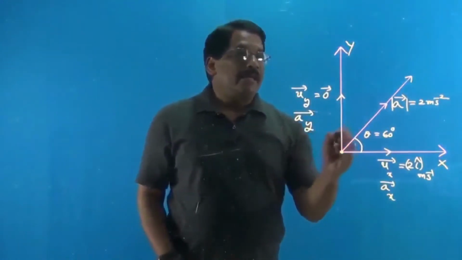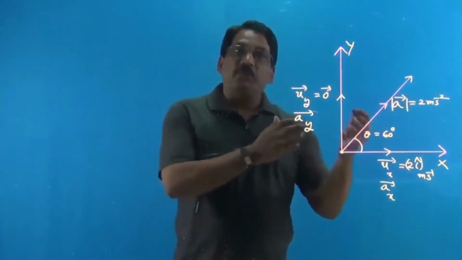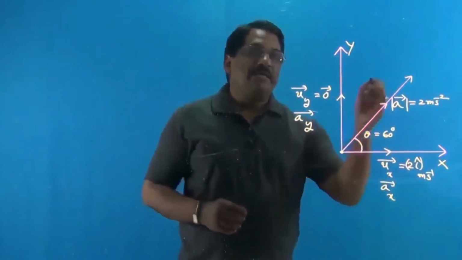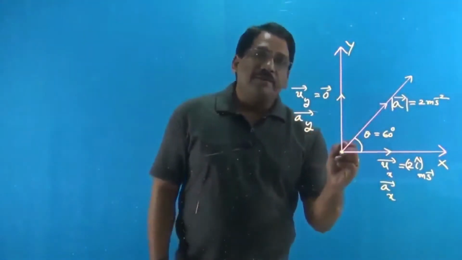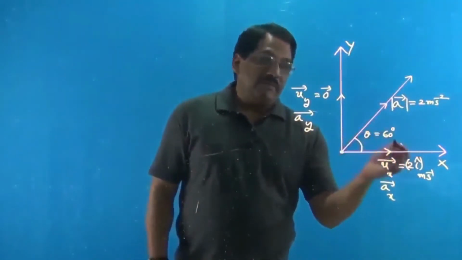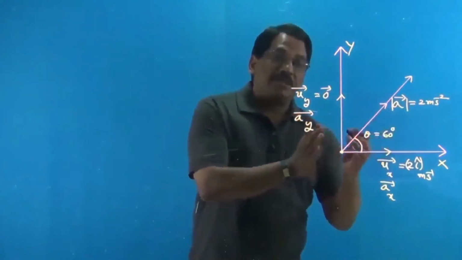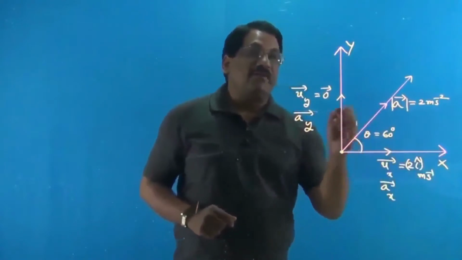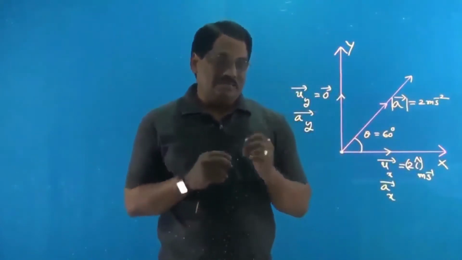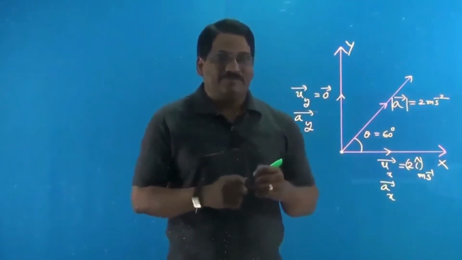And thereby, after a time of say t equal to 1 second, the particle is having an increased velocity component along the x-axis and an increased velocity component along the y-axis because of the acceleration.